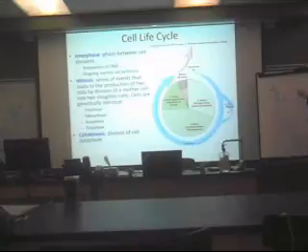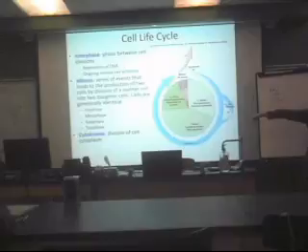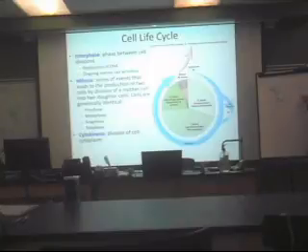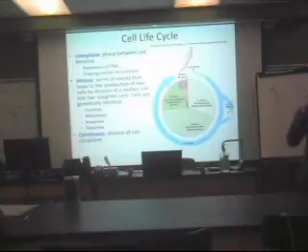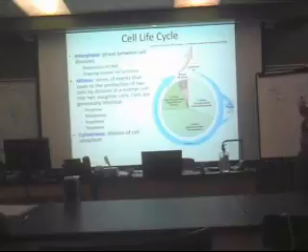So making a copy of every single one means that I double the number of chromosomes. So at the end of my S phase in interphase, I now have 92 chromosomes or 46 pairs. Okay? Now, if mitosis did not occur, cells would just keep duplicating.